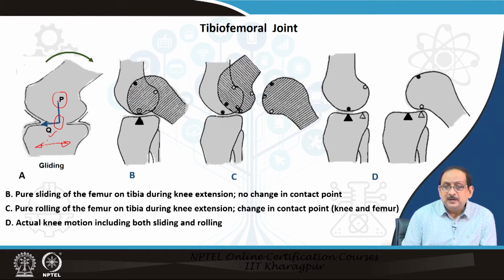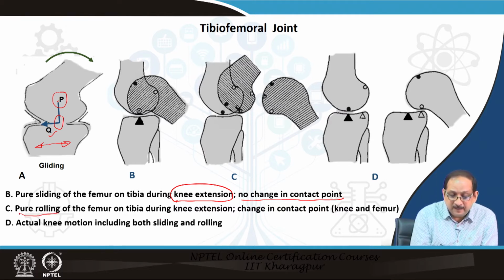Now, in figure B, we see pure sliding of the femur on the tibia during knee extension. However, there is no change in the contact point between the tibia and the femur. In figure C, we observe pure rolling of the femur on the tibia during knee extension.